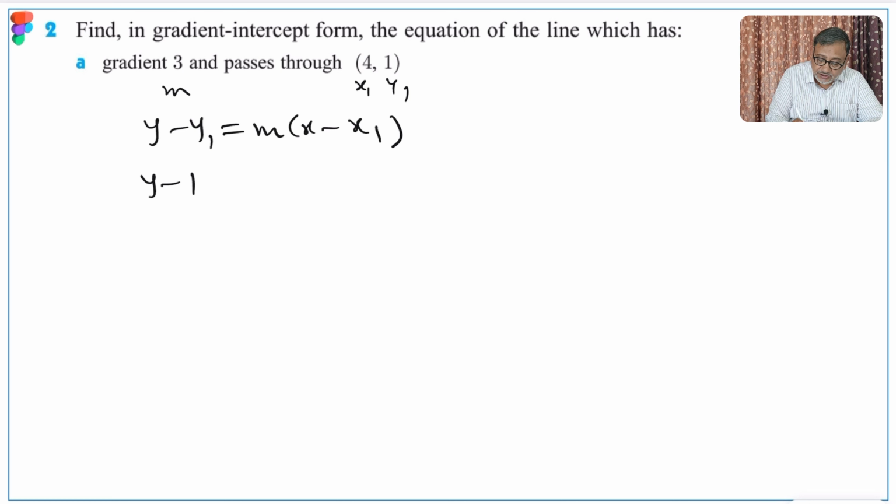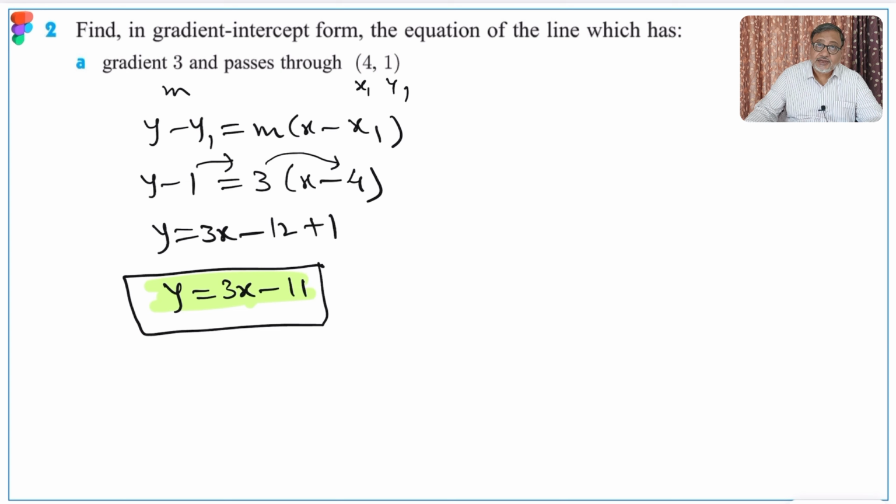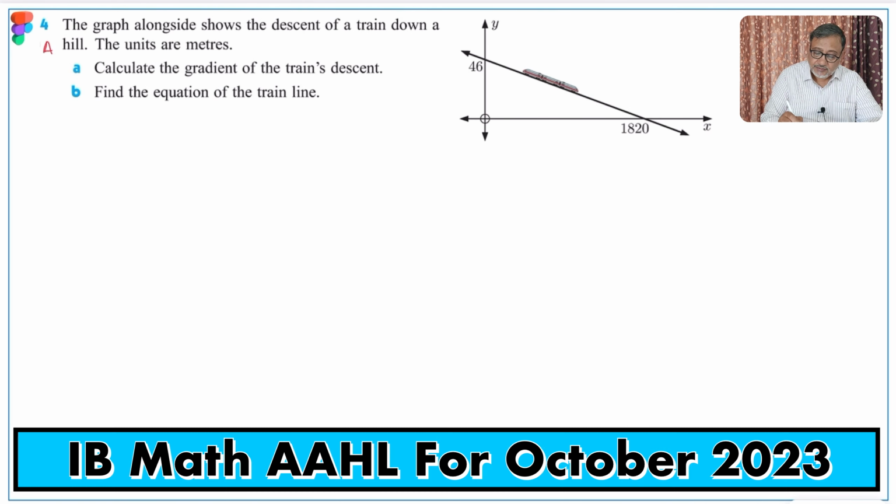So y minus 1 is equal to 3, x minus 4. So y is equal to 3x minus 3 times 4, 12, and 1 will go there, becoming plus 1. So y is equal to 3x minus 11. This will be the answer for the gradient intercept form, right? They wanted it like that. I hope you understood. There is nothing difficult.